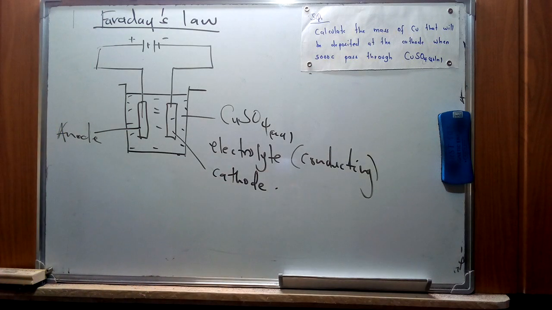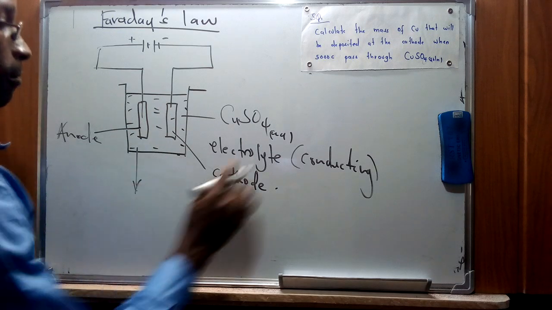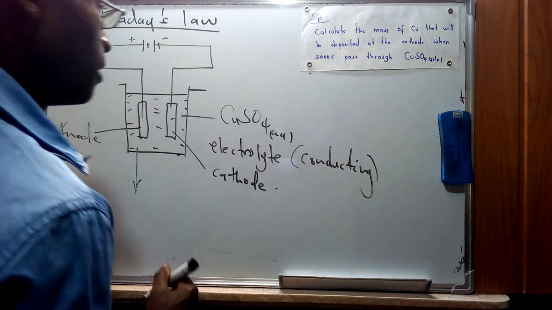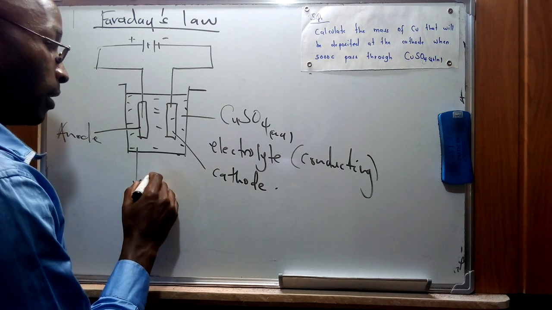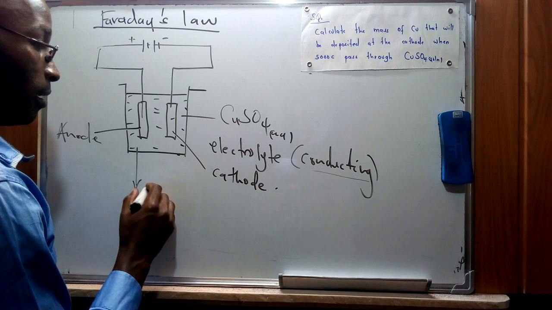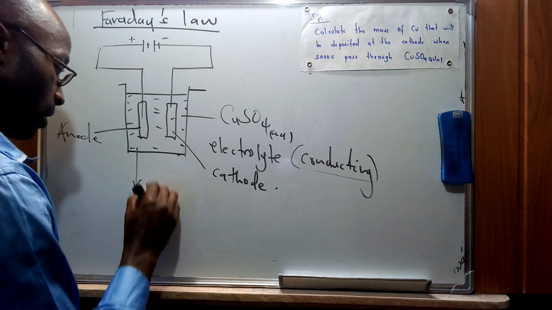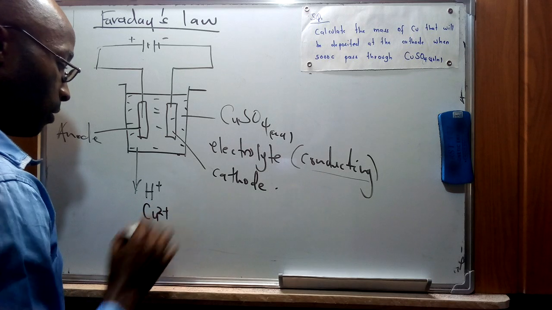In this particular copper sulfate solution, which is aqueous, it consists of a number of ions. It is an ionic solution that is conducting electricity. So in the aqueous solution, it has H positive ions and copper 2 positive ions.